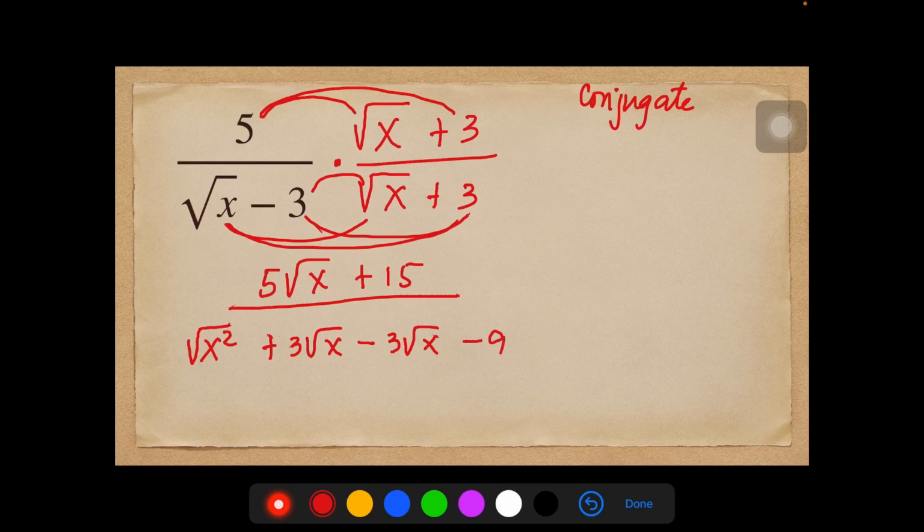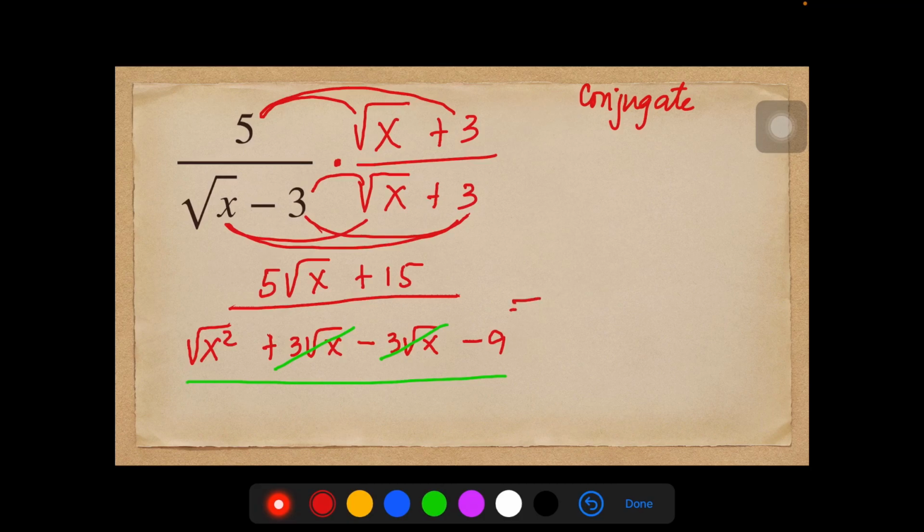If we inspect, this positive 3 square root of x is cancelled by the negative 3 square root of x. And the square root of x squared in the denominator can be reduced to x. So if you inspect the whole denominator, you will notice that the radical sign is already eliminated.